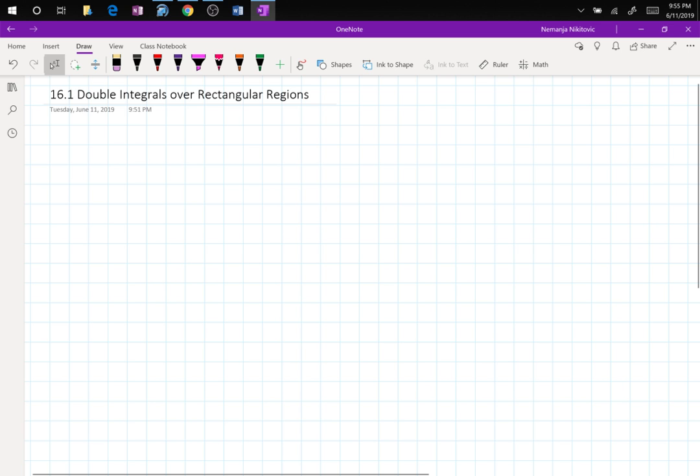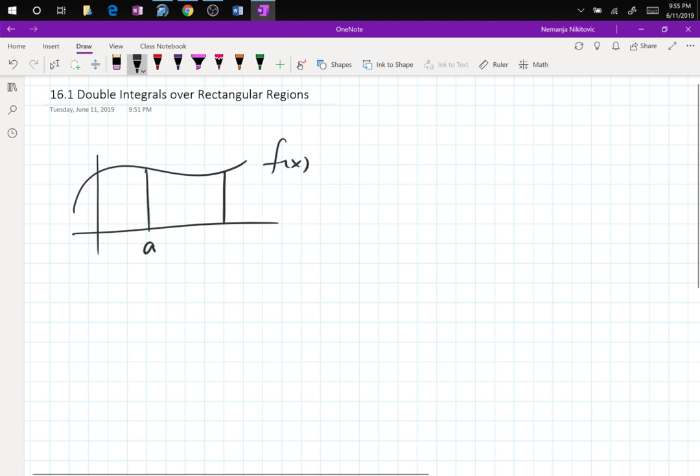So, in Calc 1, if you remember, if I have a function f of x, I need to provide some interval a to b, and then I can calculate the area as the integral a to b of f of x dx. Now, the dx was the width of the representative rectangle, called delta x, and the height was computed with f.